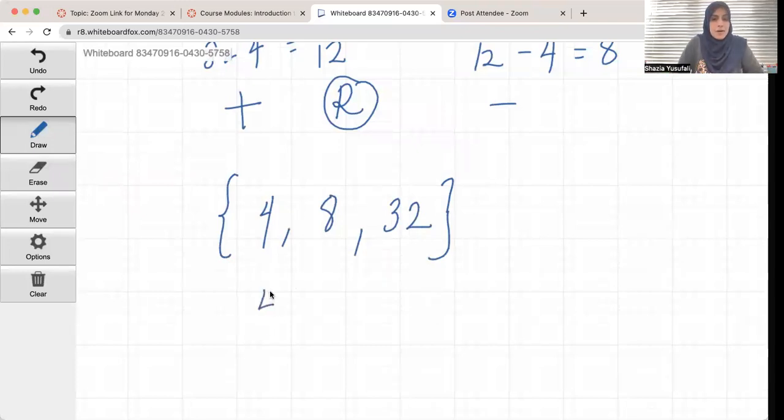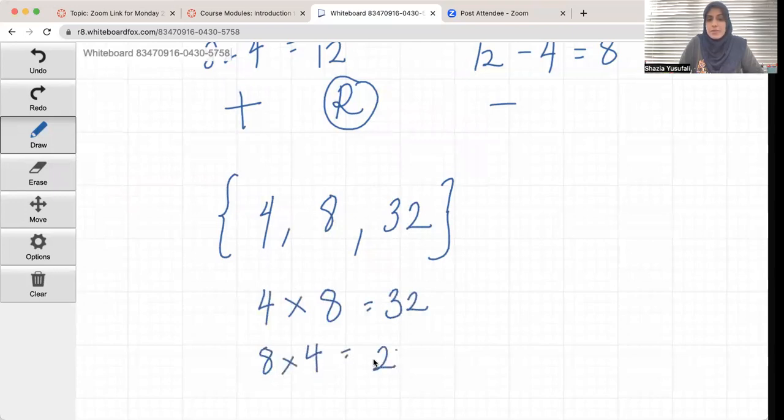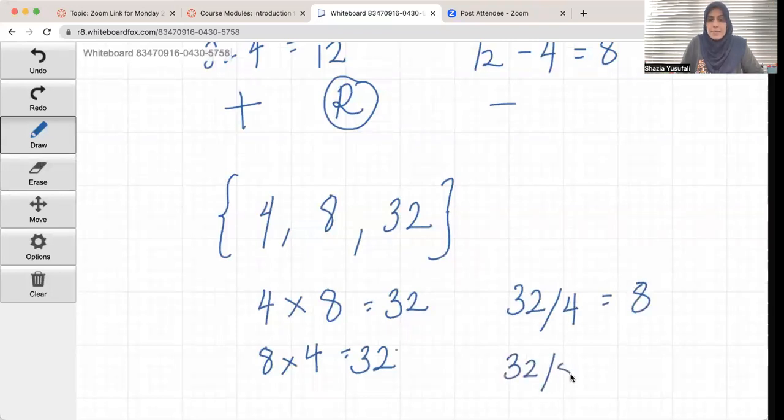If I have 4 multiplied by 8, I get 32. If I have 8 multiplied by 4, we get 32. If I have 32 and I divide it by 4, I get 8. Once again, 32 divided by 8, and I get 4.